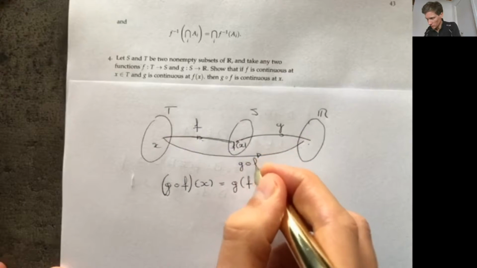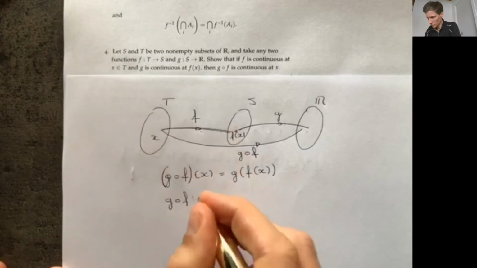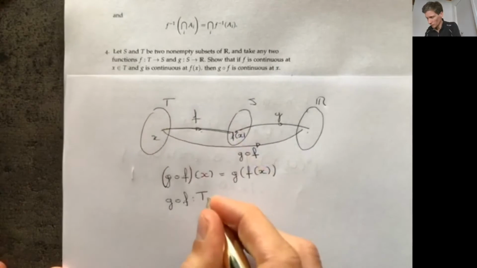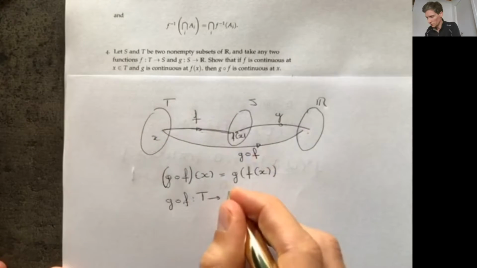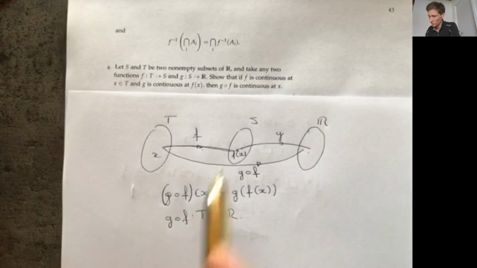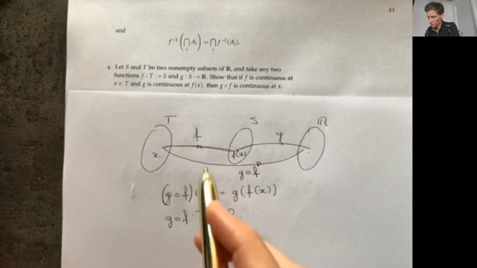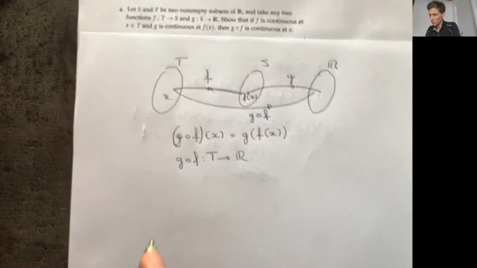That's g after f. Okay, so the function g after f goes from the domain T, and it maps an element from the domain T to the real numbers. Okay, so now the question is that if f and g are continuous, then this function is also continuous. Okay, so what do we need to show?